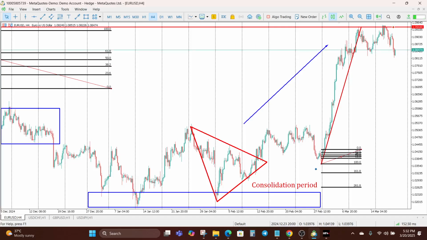Instead of trading blindly, you can use these tools to spot market trends early, identify key reversal and breakout zones, set stop loss and take profit levels based on structure, and even mark important trade setups to execute with confidence. Trading is all about planning and execution. These tools allow you to map out the market structure before placing trades, which is a key skill for any successful trader. Now that you know how to use MetaTrader drawing tools effectively, start applying them to your charts today.